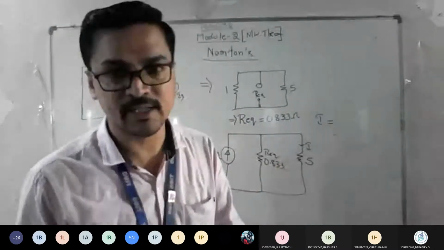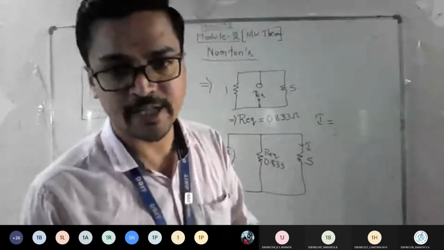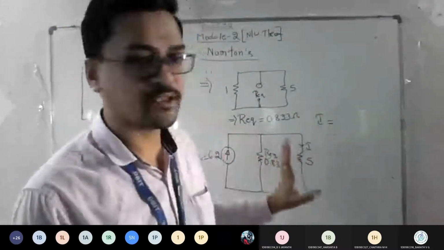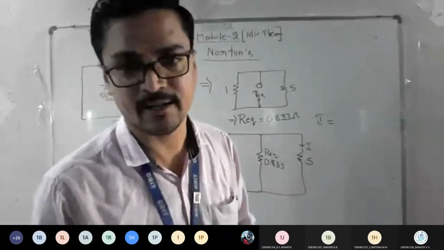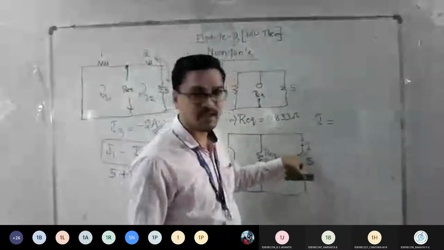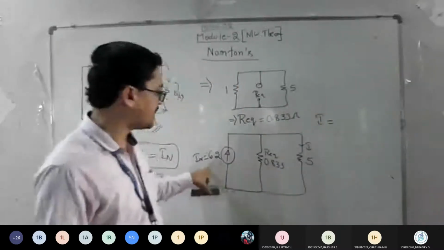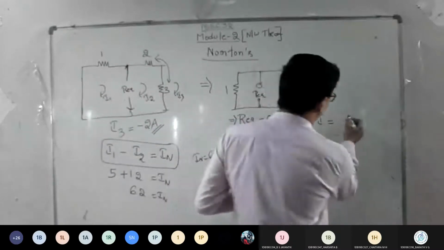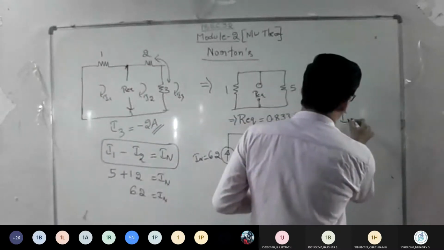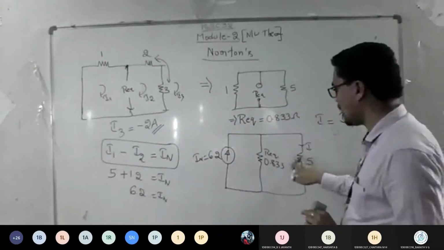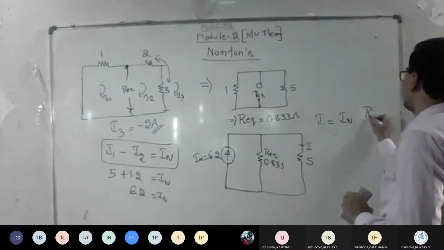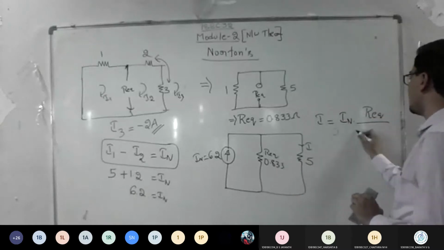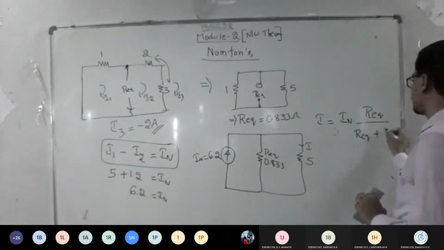Whenever you come to Norton's to find the load voltage or load current, apply the concept of branch current. So branch current I equals main current, which is 6.2. Let me write the formula first: main current into the opposite resistor, which is R equivalent, so R equivalent divided by R equivalent plus load.